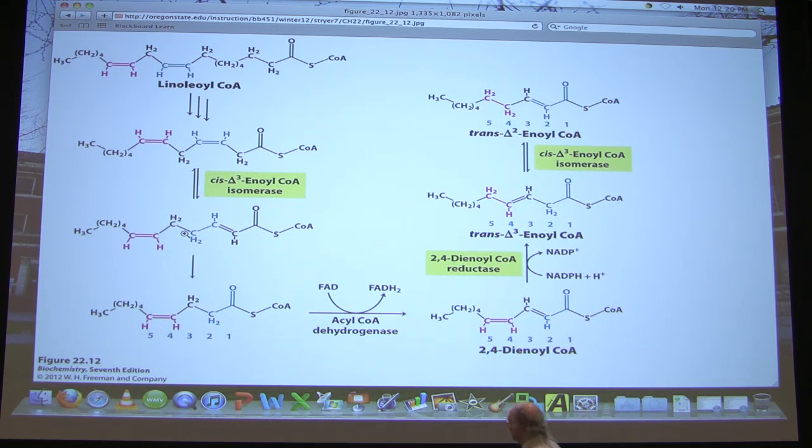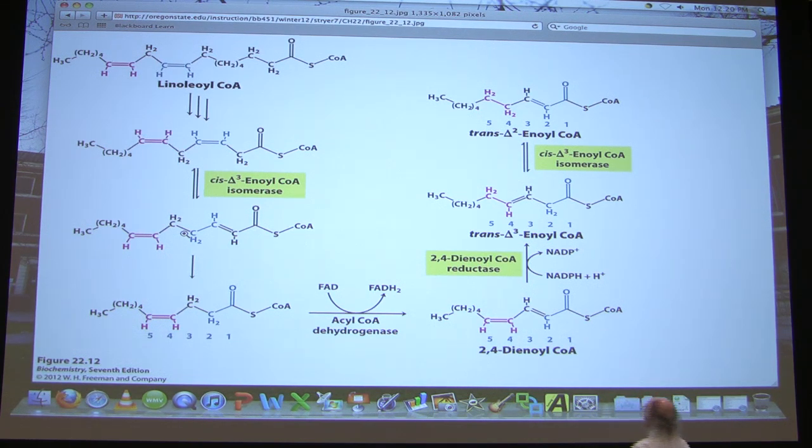Now, this guy's a little bit different. It's got 1, 2, 3, 4, 5 is where the double bond is, and it's in a cis configuration. You might say, why doesn't the beta oxidation process just continue, and you could take away these hydrogens and electrons, but it turns out the enzyme won't touch this. This guy has got to be dealt with.